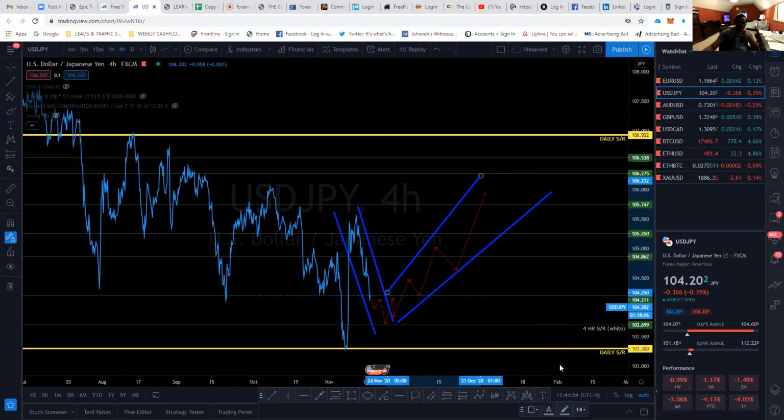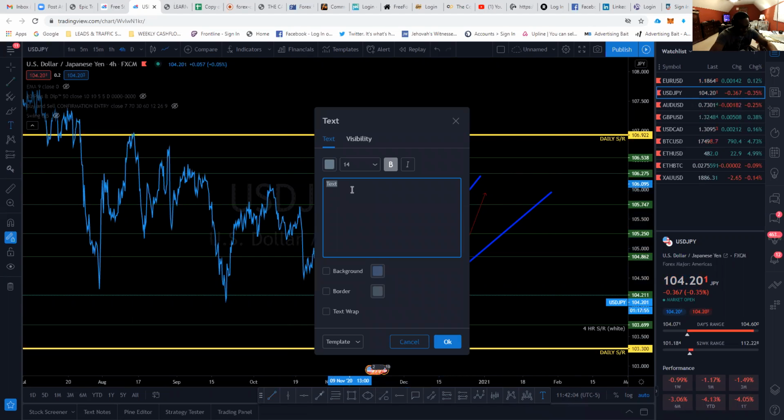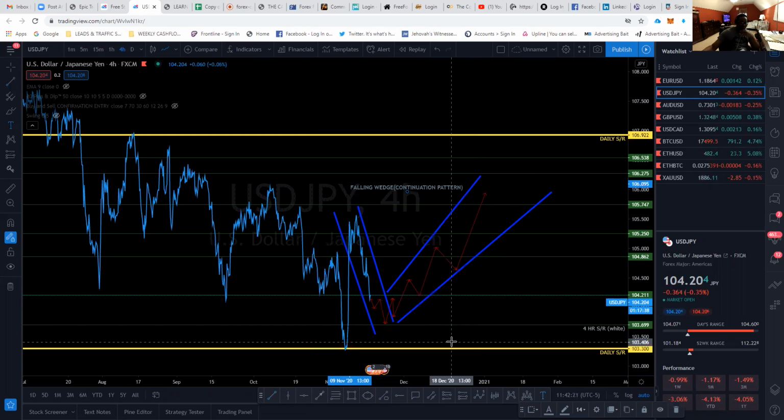So we're going to type that in: falling wedge, continuation pattern. So we know that it's eventually going to go into an uptrend once again.